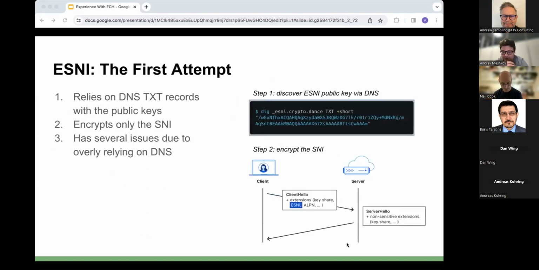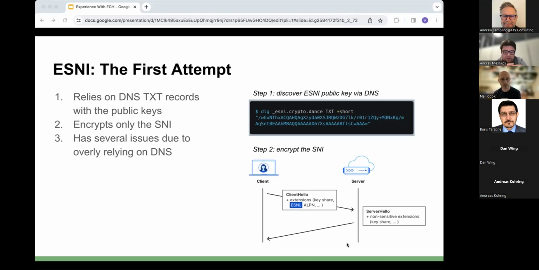Before talking about ECH, it's important to discuss its predecessor called Encrypted SNI, ESNI. And as its name implies, the goal of ESNI was to provide encryption just of the server name. To do so, the client would encrypt the SNI extension using the server's public key and send this encrypted SNI to the server.